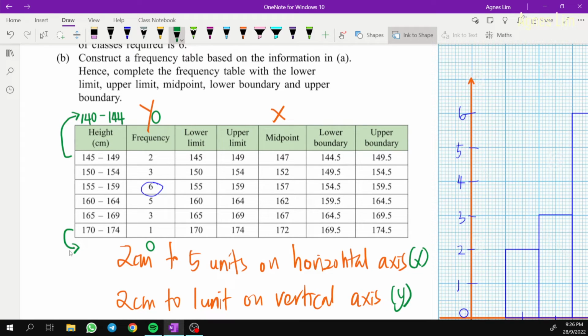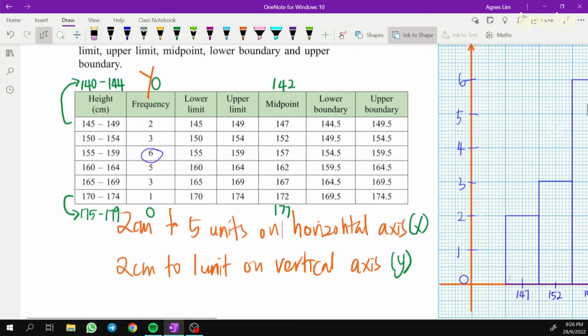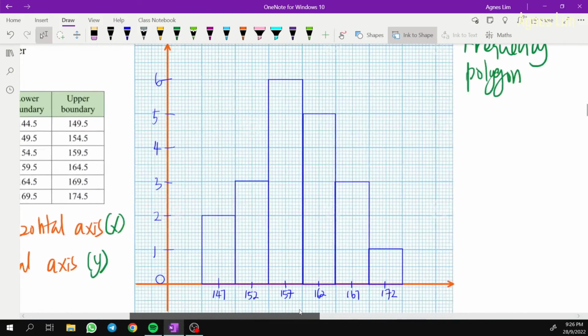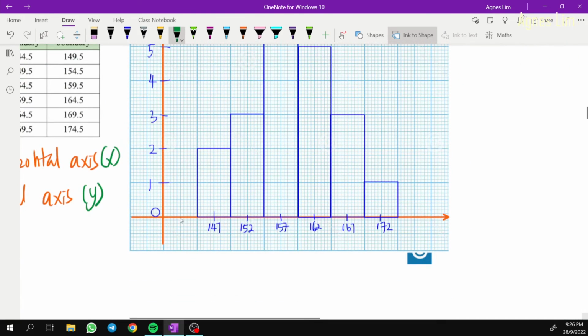And then the last class, one extra class after the last class, 175 to 179. That means the midpoint for the class before would be 142, and for the last one, the midpoint will be 177. Okay, so 142 and 147 is actually this one.